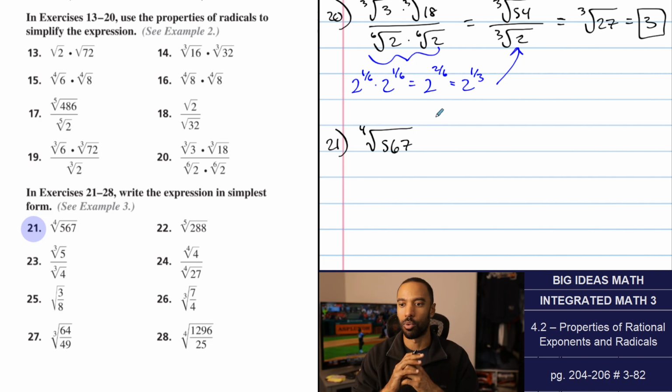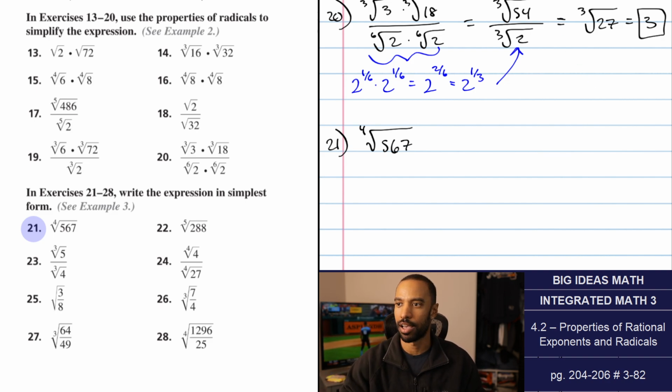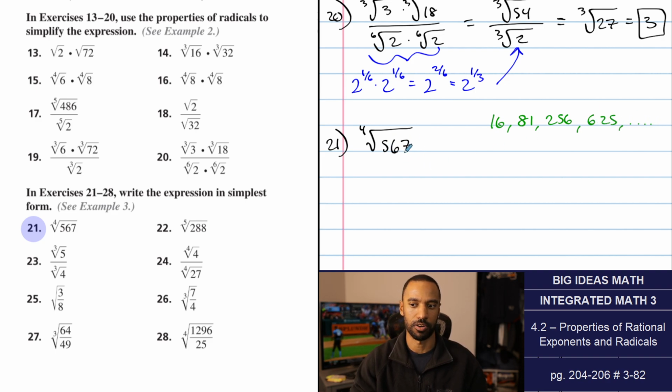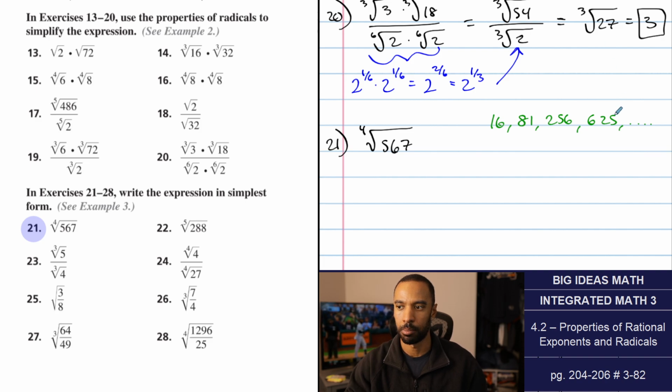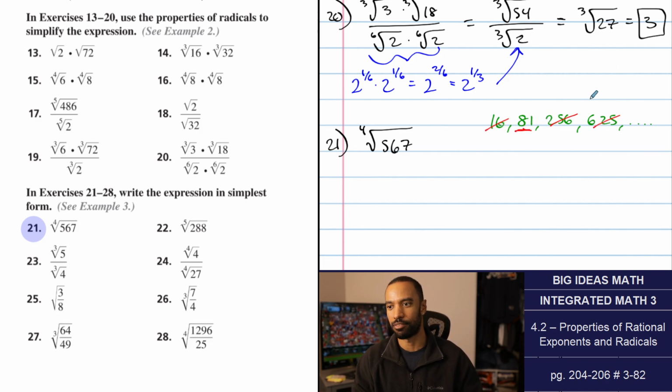I'm just going to have to go off the fact that this must break apart in some way. Some perfect fourth values I'm going to write out for you. 2 to the fourth is 16, 3 to the fourth is 81, 4 to the fourth is 256, 5 to the fourth is 625. Now we're already past 567, and these are even numbers. So it looks like 81 is the only one we have a shot with.